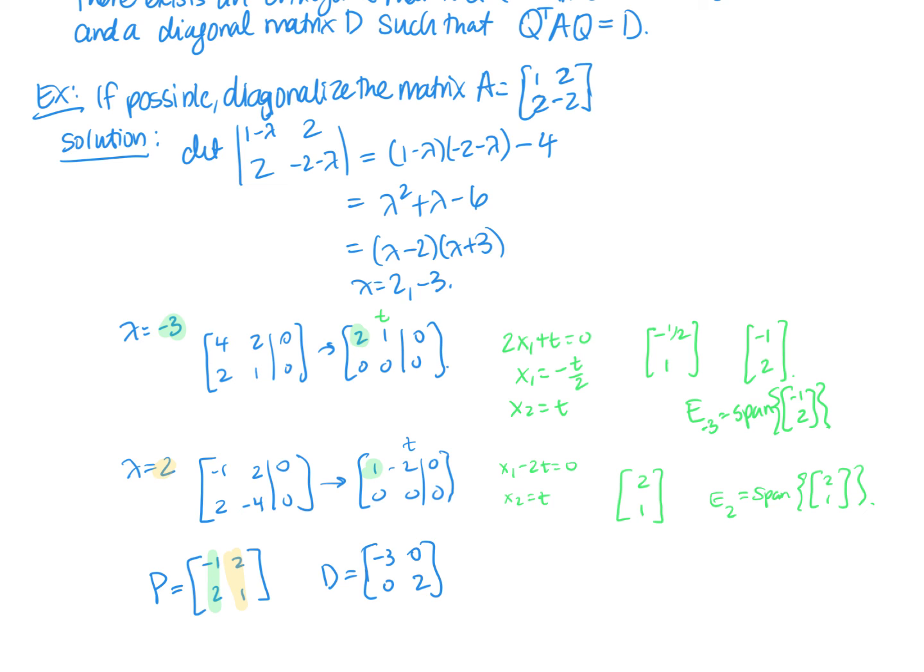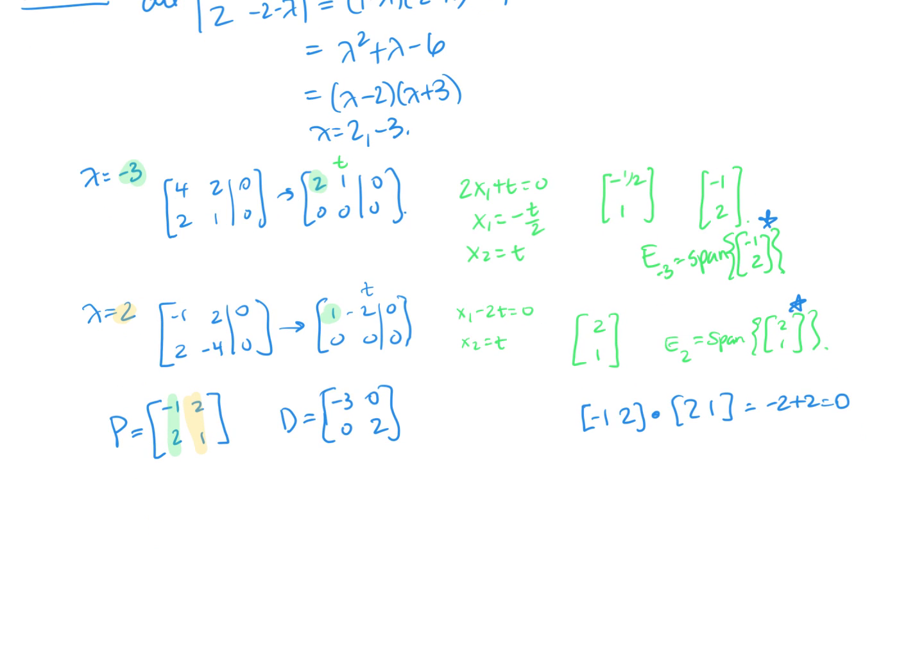What I can see there is that v1 and v2 are orthogonal. Let's test that. If I take -1, 2 and dot it with 2, 1, I get -2 plus 2, which is 0. So this vector and that vector are orthogonal to one another. I can actually make them into unit vectors if I want to.